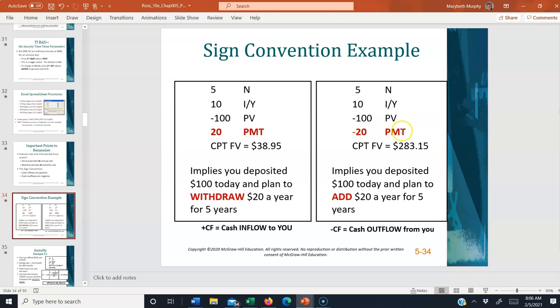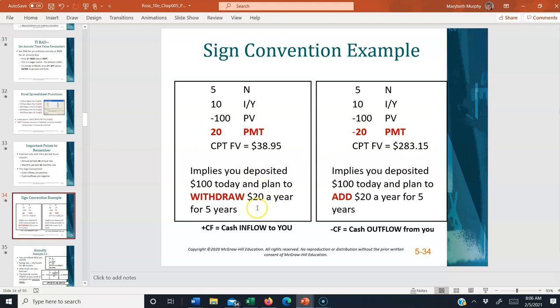The payment, since we're going to be adding more, cash flow is going out to this investment, is going to be a minus 20, and we compute the future value, and it's 283.15.